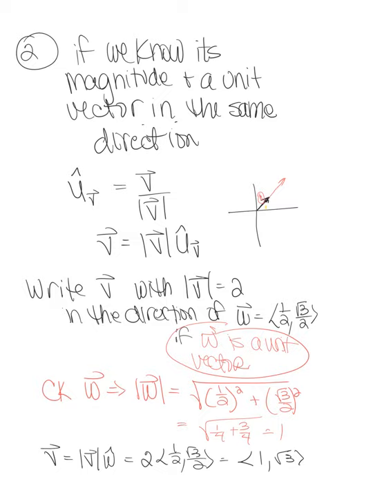Let's suppose I take a problem and let's write v having a magnitude of 2 in the direction of the vector w, which has components 1, 1.